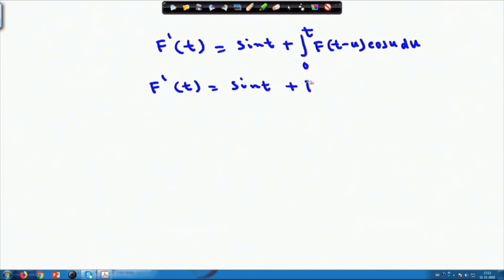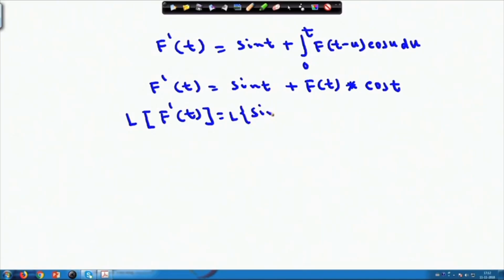So, I can write it as f(t) convolution cos t. Now, take the Laplace transform on both sides of the given equation. The Laplace transform of f′(t) equals the Laplace transform of sin t plus the Laplace transform of f(t) into the Laplace transform of cos t.